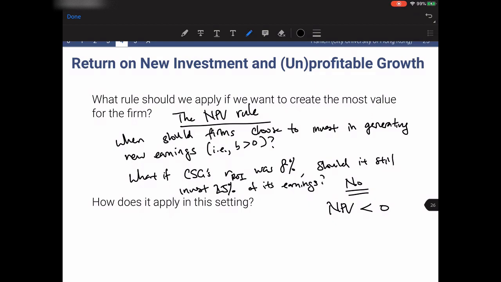So NPV, what is that? NPV is simply the present value of the benefits minus the present value of the cost, right?